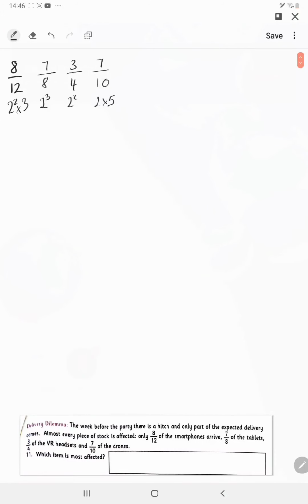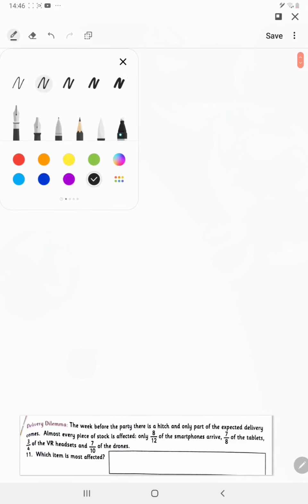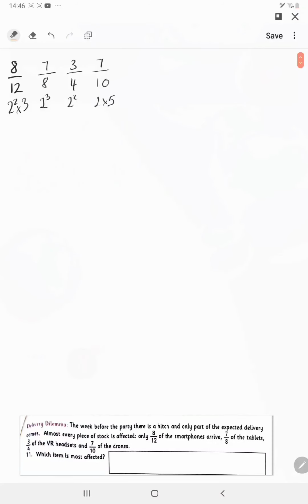Now we're going to have a look to find the highest powers of each. So this is the highest power of 2, 3 is the highest power of 3, and 5 is the highest power of 5. 2 cubed is the highest power of 2.